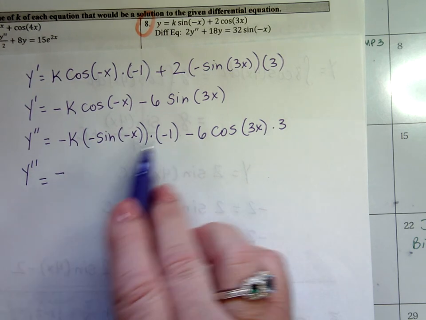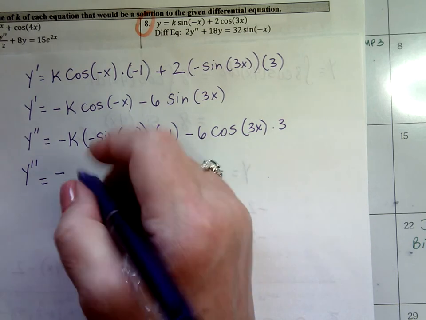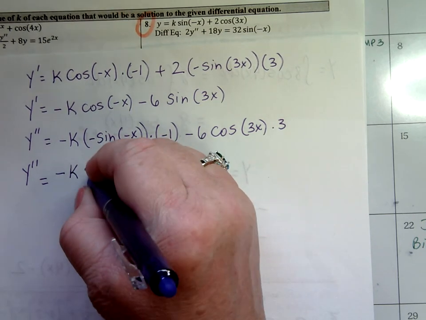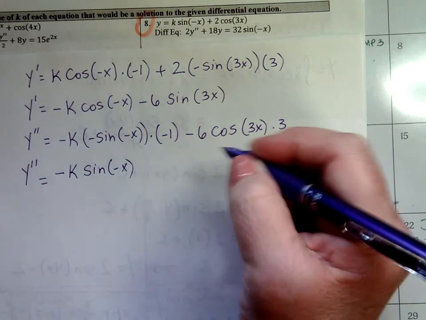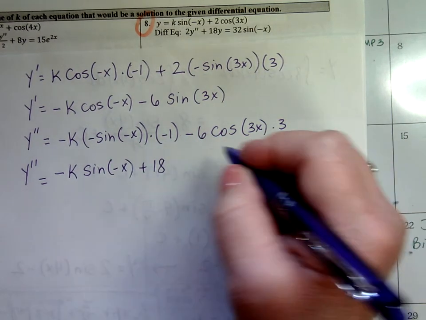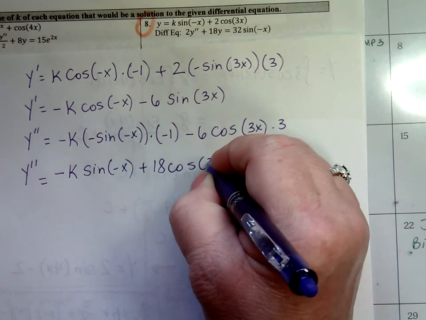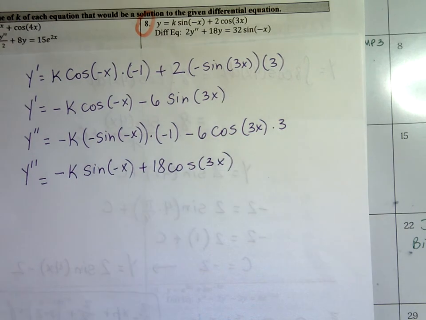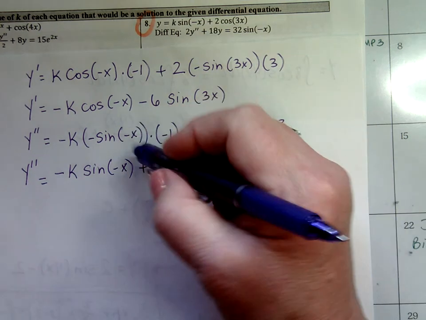I have negative k sine of negative x, and then I have 6 times 3 is 18. 18 cosine of 3x. Oh, minus, right? This is a minus. Okay, that's better.